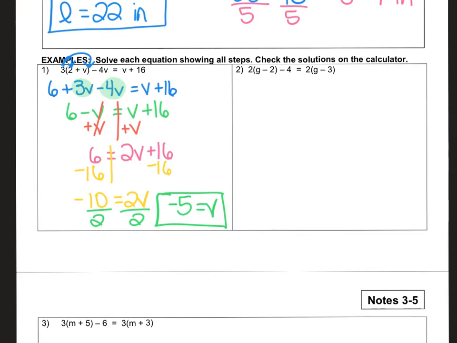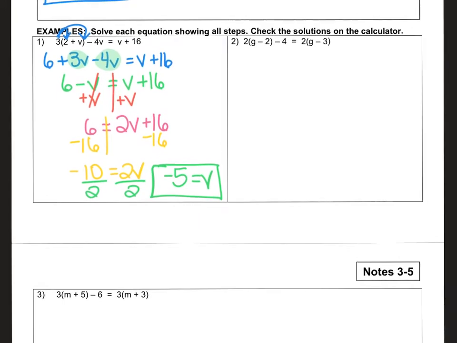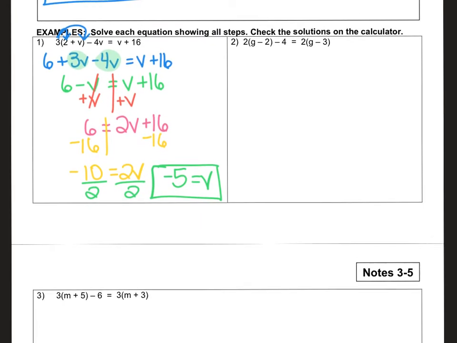All right, so now we have something just a little bit different than what we did in the previous lesson. So we're going to go ahead and work number 2 exactly the same, which means simplifying first. So we're going to distribute and bring down that -4.